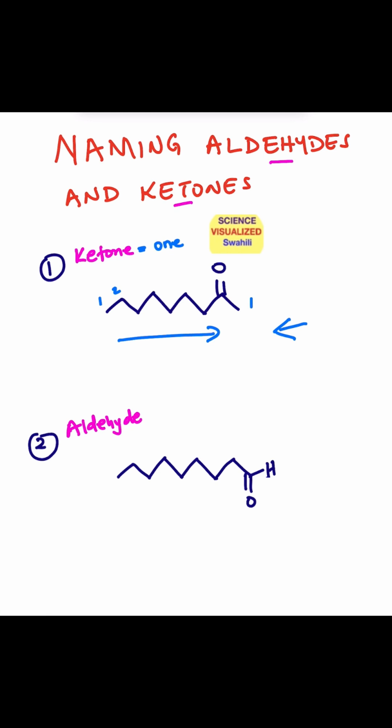So that will be 1, 2, 3, 4, 5, 6, 7, 8, and 9. So we see that the carbonyl is on carbon number 2, and therefore the name must end with 2-one.